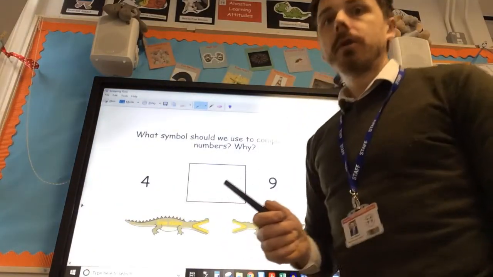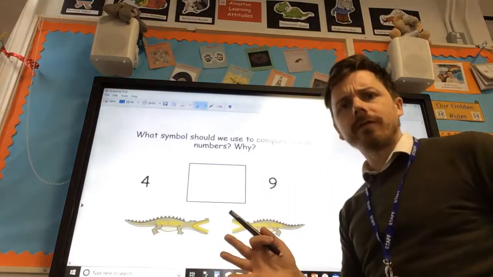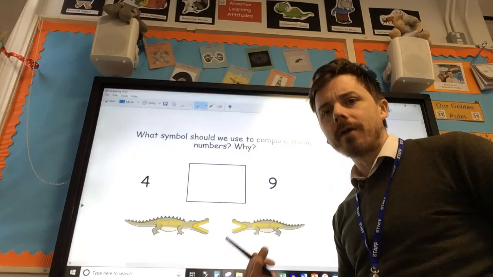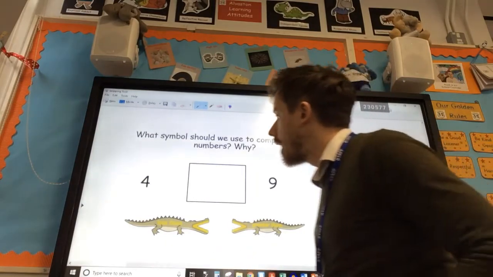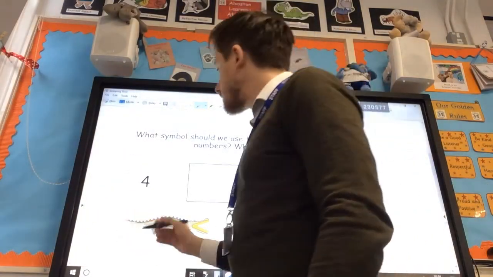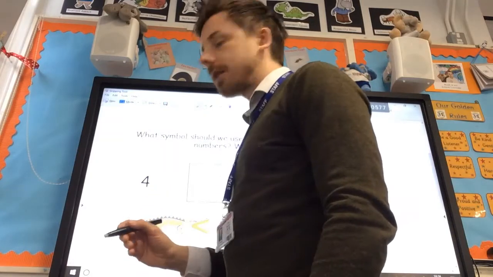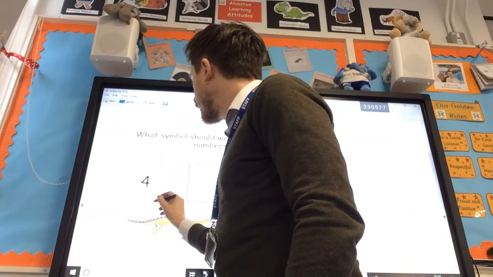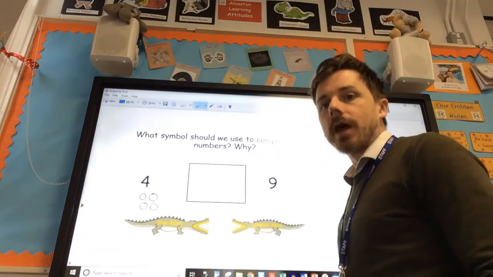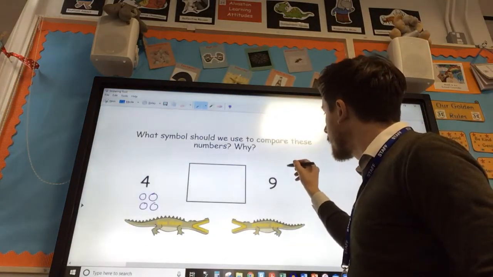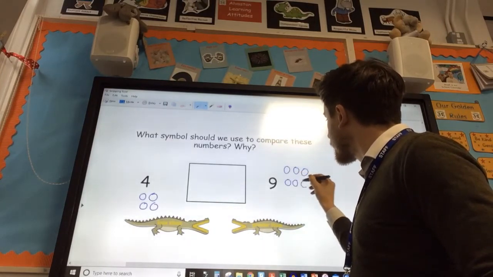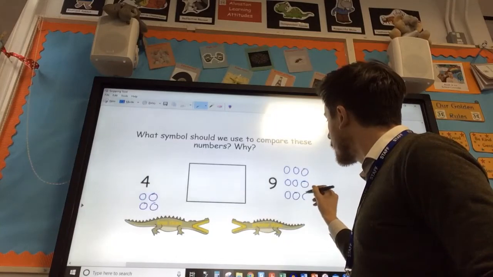Quite straightforward, but a good thing to do, like I said before, is that a good mathematician always checks. You can use jottings. So to represent the number 4, I'm going to draw 1, 2, 3, 4 circles there, 4 counters. I'm going to do the same next to number 9. 1, 2, 3, 4, 5, 6, 7, 8, 9.